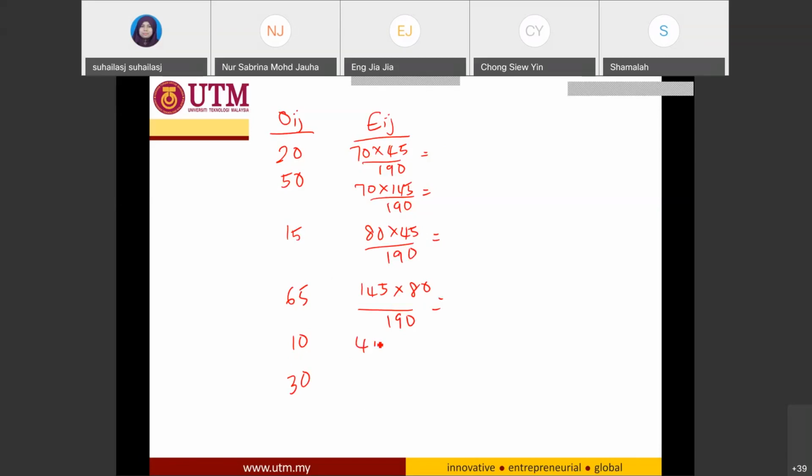Okay, so fill in the values. The last one, you should have 145 times 40 divided by 190. So find the value for expected frequency. You need to find EIJ, so find E11, E12, and so on until E32. Try to get the values first, and last, then you compute your chi-square.